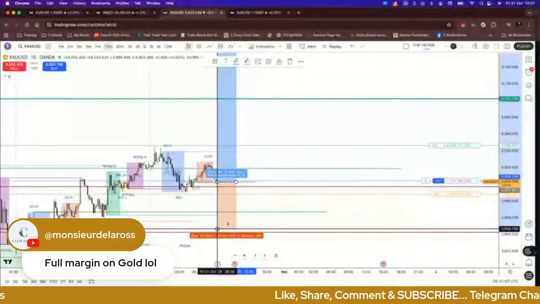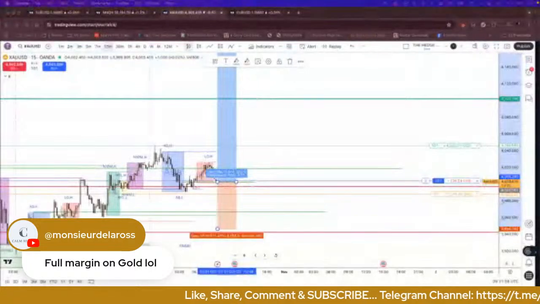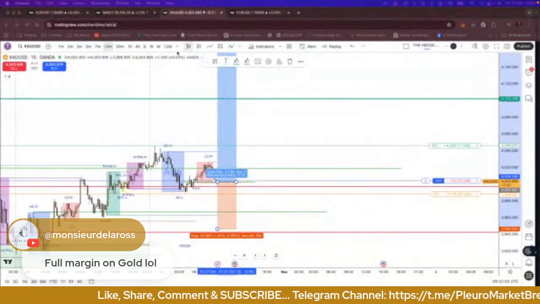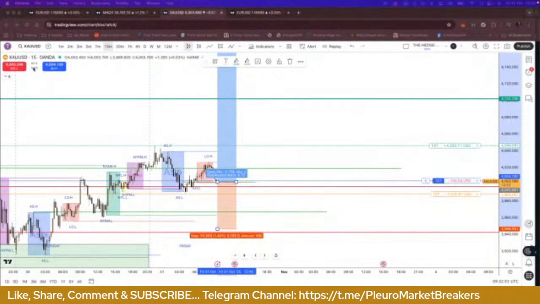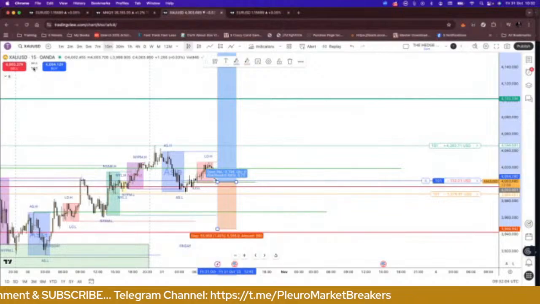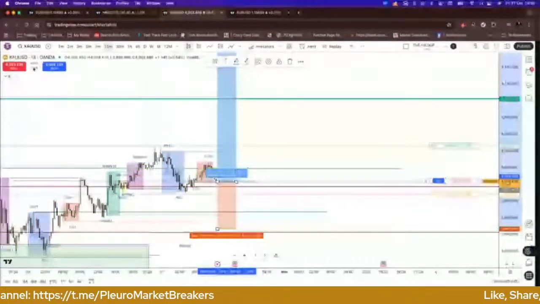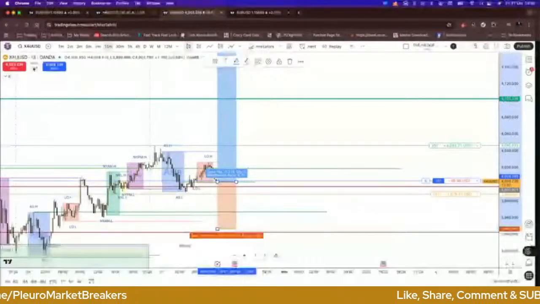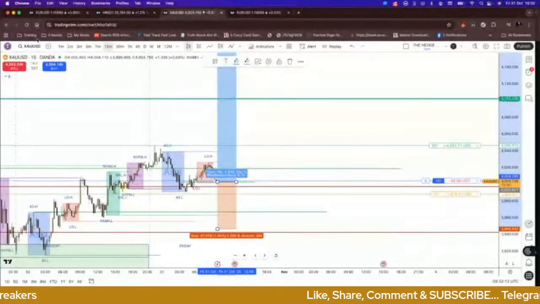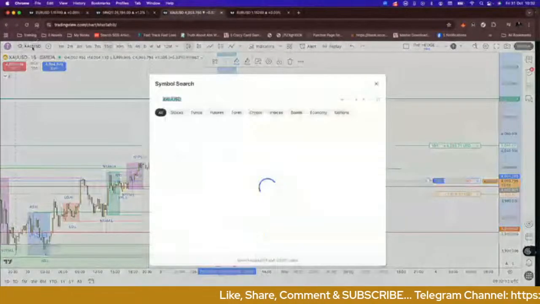Help me out, I'm trying to figure out how to size my entry here. But then, actually, no, because it'll just make me modify it. It won't show it as two different trades, will it? Okay, let's see. Is there another goal I can use for this?